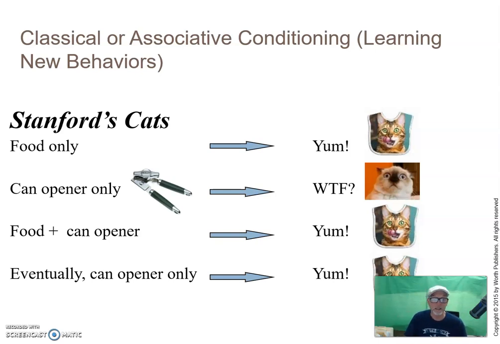It clicks a lot. And so until they associated the sound of the can opener with the anticipation of food reward, the sound of the can opener didn't do anything. It's like, okay, why don't you feed me? But after a while, they would associate the food plus the sound of the can opener to the extent that the sound of the can opener only would start the digestion food reward response.